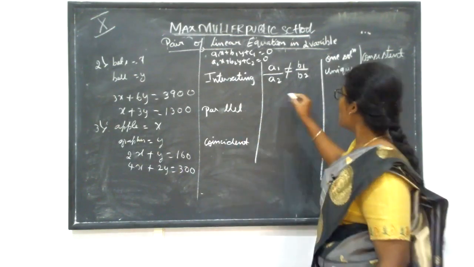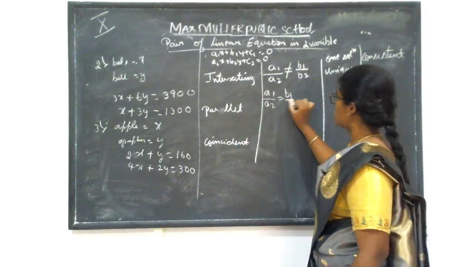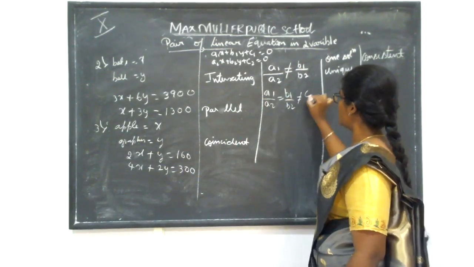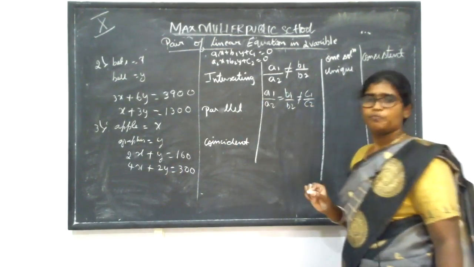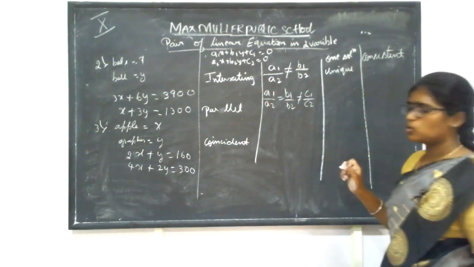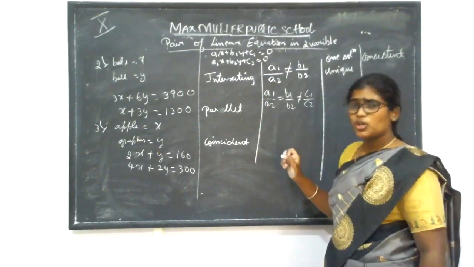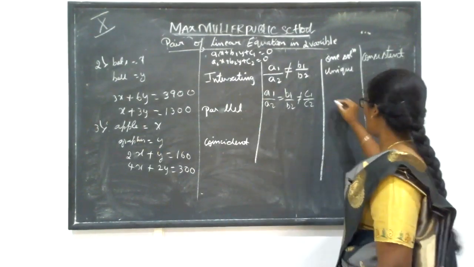Then coming to the parallel, do you have an intersecting point or a solution for parallel? No solution. Then you have A1 by A2 is equal to B1 by B2, which is not equal to C1 by C2. Clear? What is the equation you have? A1 by A2 is equal to B1 by B2, which is not equal to C1 by C2. Do you have a solution for this? No solution.